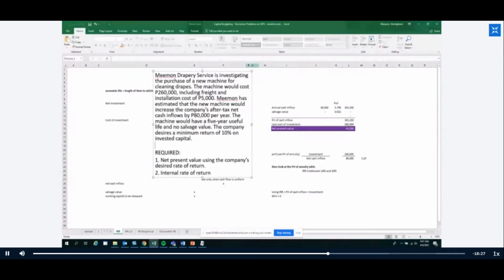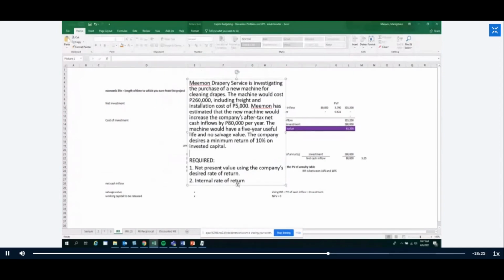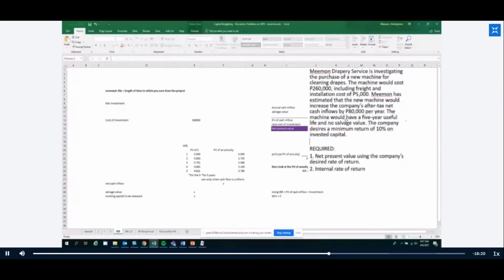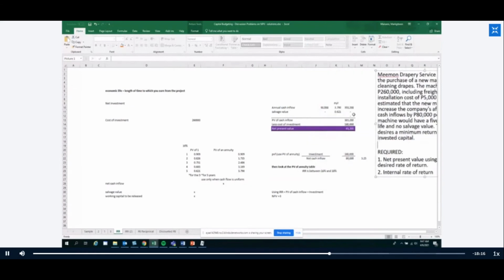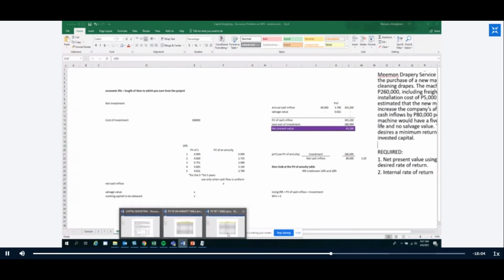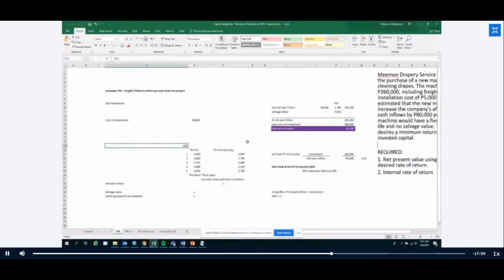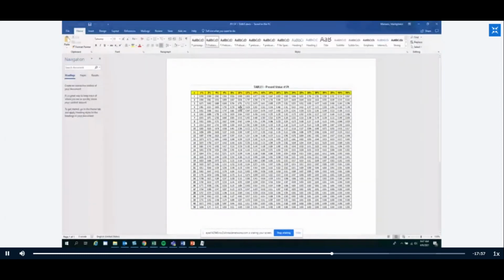O sige. Pero ito, mas kabisado na natin paano mag-compute ng net present value, no? So, sabi natin, uniform ulit. So, yung cash inflow, 80,000 per year. So, in that case, anong gagamitin? Present value. Anong present value? Yung present value of an annuity, no? So, 10%, ganun ulit, punta ulit ako sa table. Kunin ko yung 10%. So, 0.909, 826, 751, 683, and 621, no?